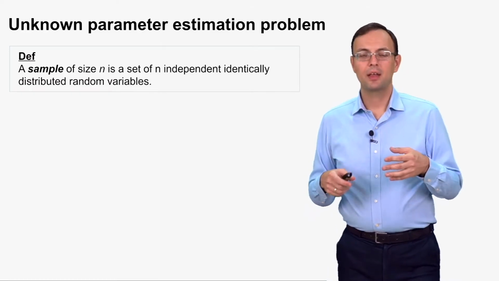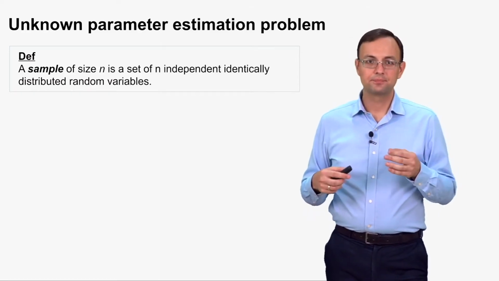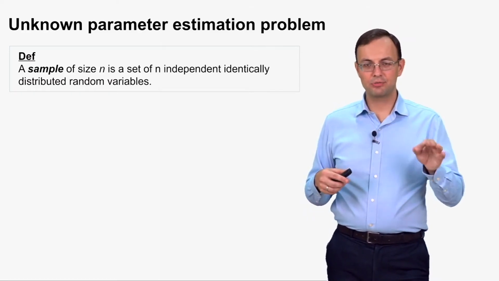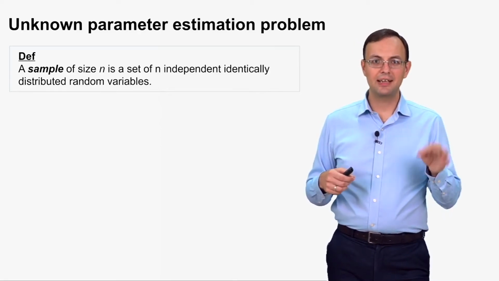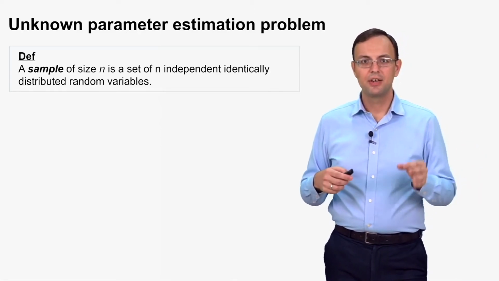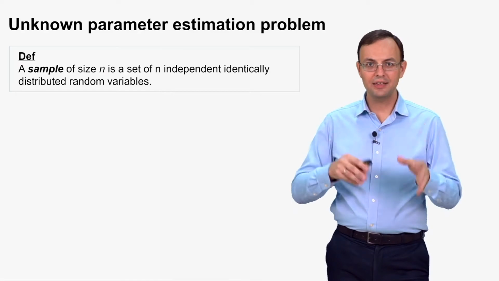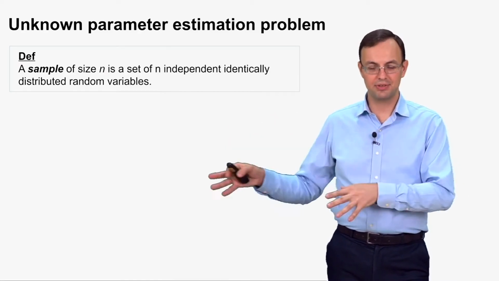So, for example, if I go out to the street and measure the height of the first person I meet there, this is a random variable: the height of the first person I meet on the street.